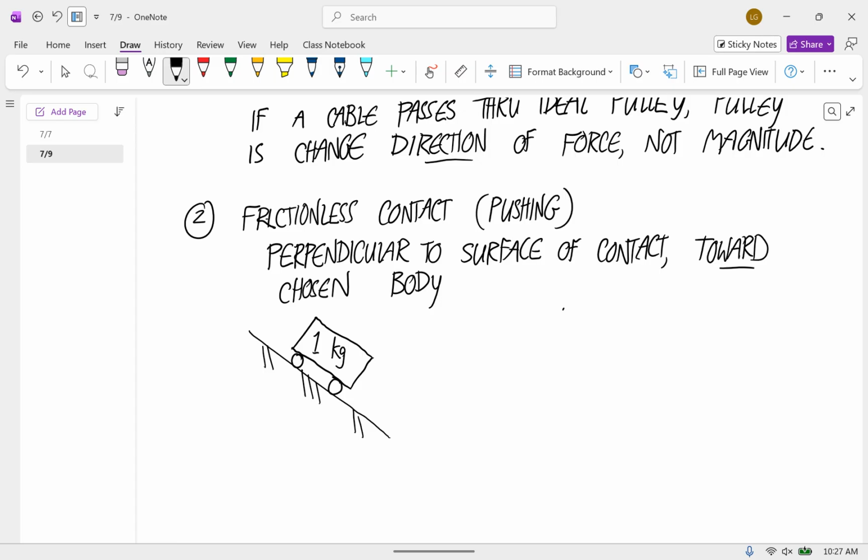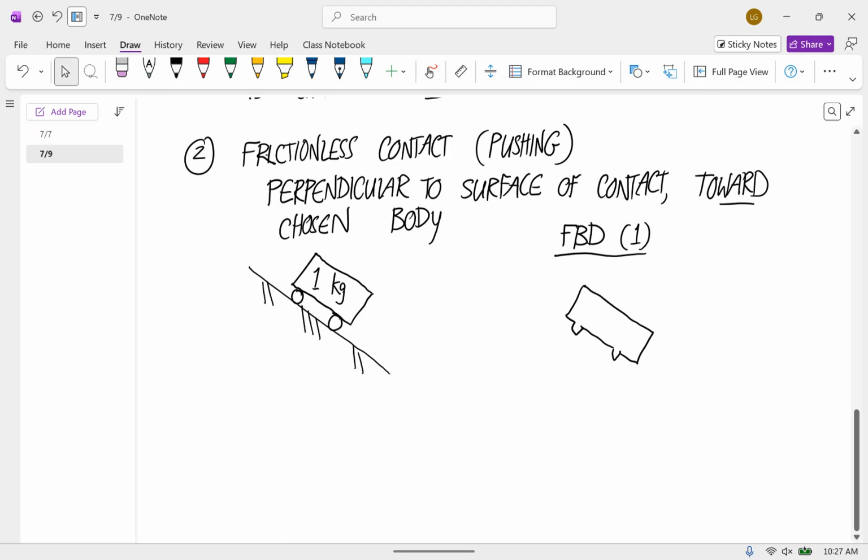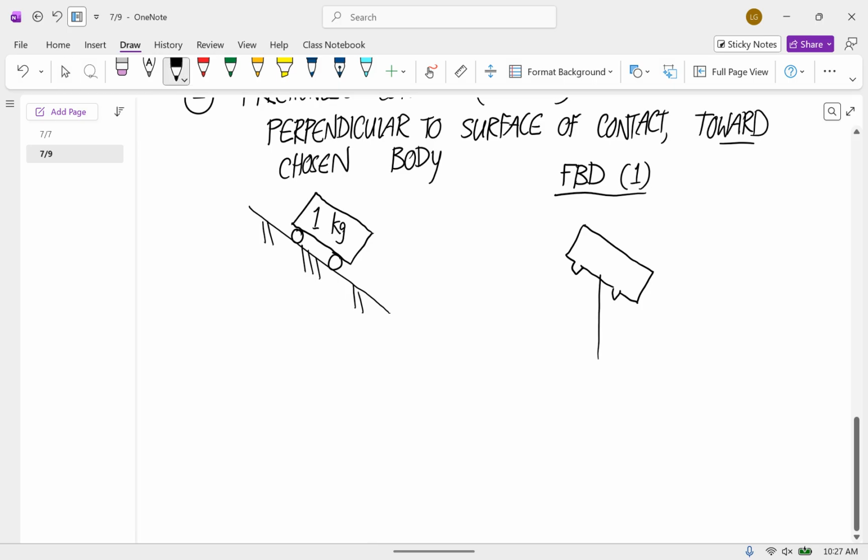So to draw a free body diagram of this cart, you'd have the outline of the body. A weight force of 1 kilogram times 9.81 meters per second squared. So that's 9.81 newtons.